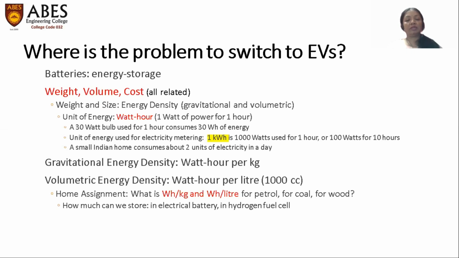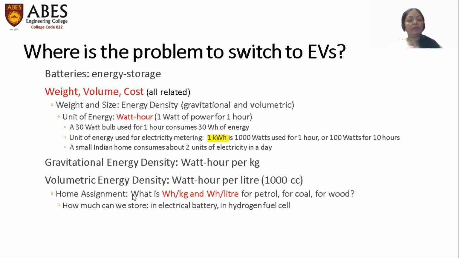So what is basically the unit of power? When power is multiplied by time, it is converted into energy. So the gravimetric energy density indicates how many watt hours can be generated by 1 kilogram of the fuel.